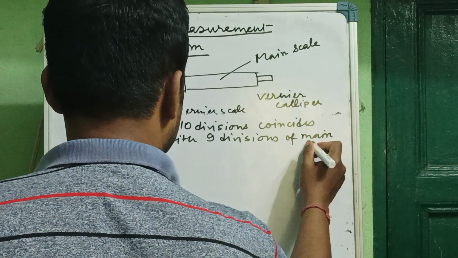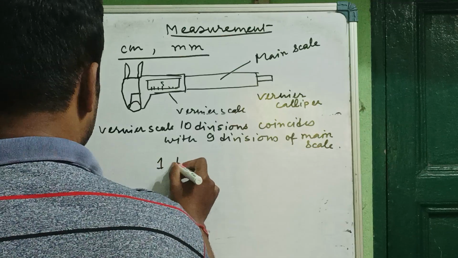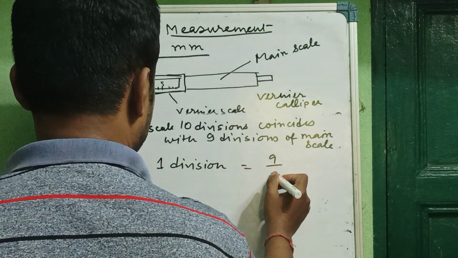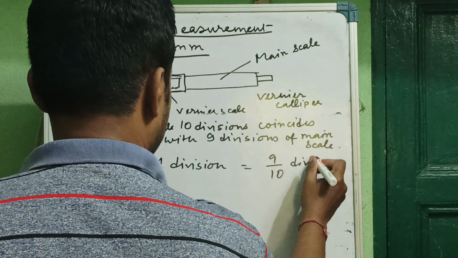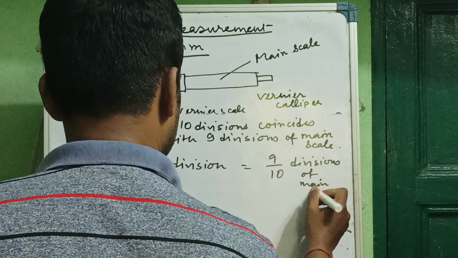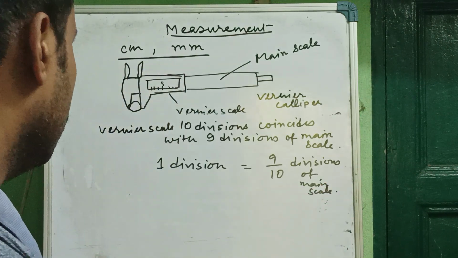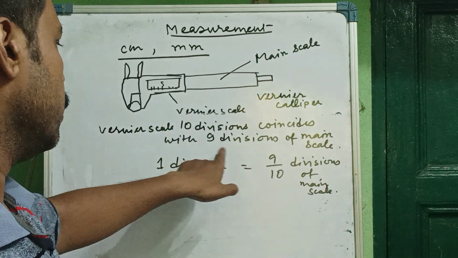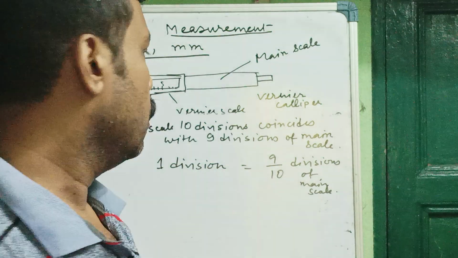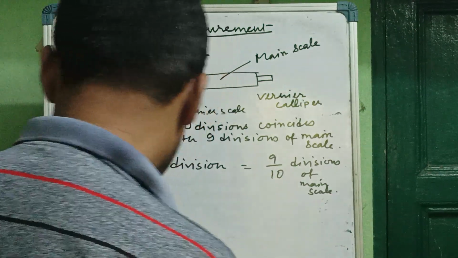So 1 Vernier division equals 9 by 10 divisions of the main scale. So 10 divisions of the Vernier coincide with the 9 divisions of the main scale.